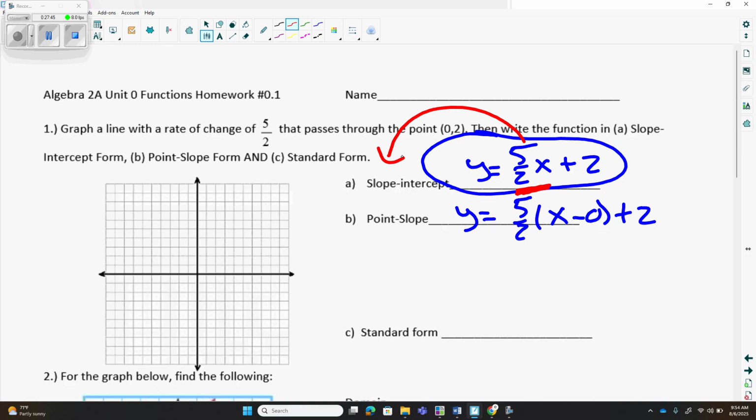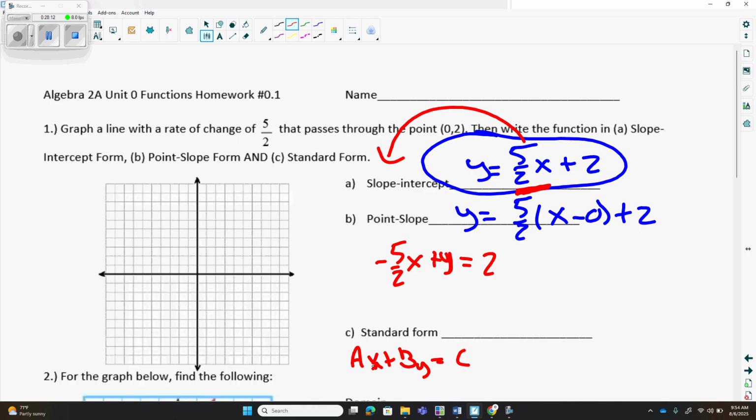So we're going to subtract 5 over 2 x on both sides. 5 over 2 x plus y is equal to 2. Now, remember, standard form is ax plus by equals c, so we're trying to get it in that. So now I have x and y on the same side of the equal sign.